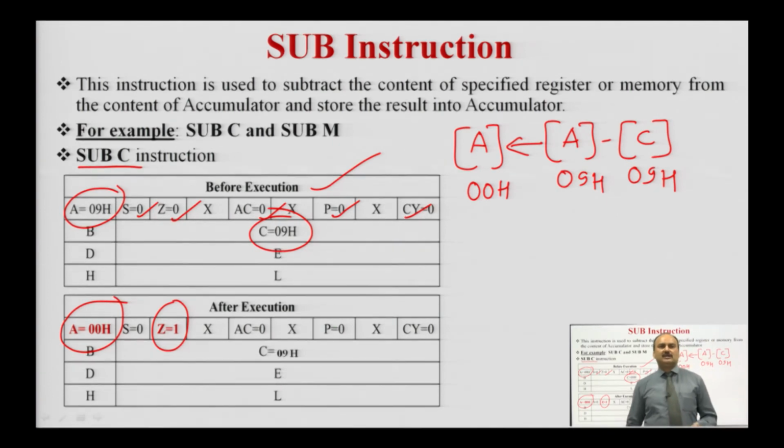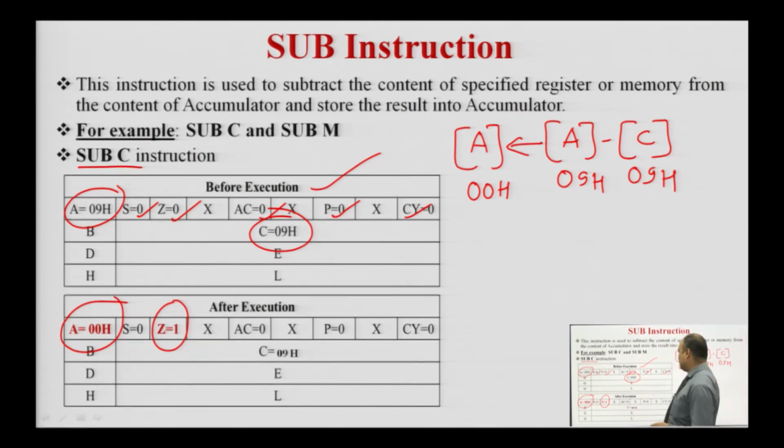If we subtract a higher number from a lower number, naturally we take a borrow from the D7 position, so in this case the carry flag is set. If the result of the operation consists of an even number of ones, then the parity flag is set. So, the instruction which performs the subtraction operation is the SUB instruction.